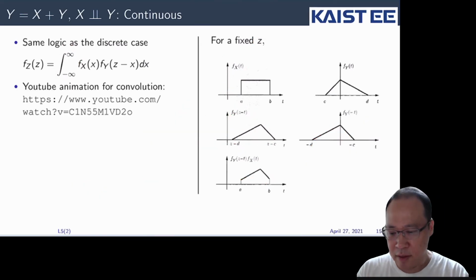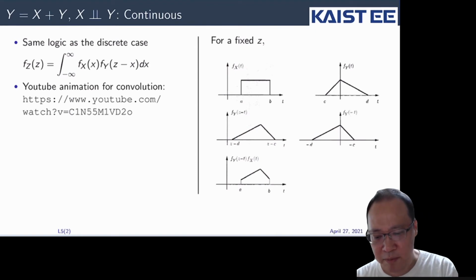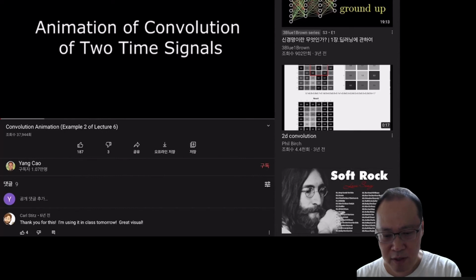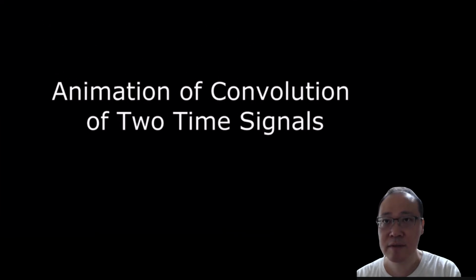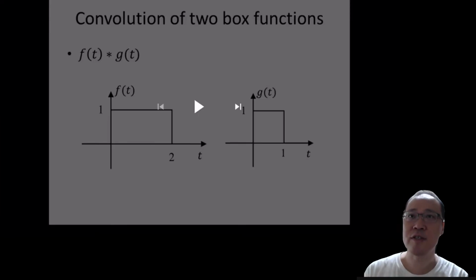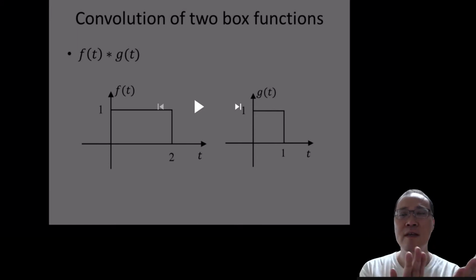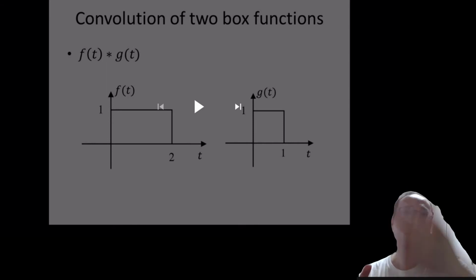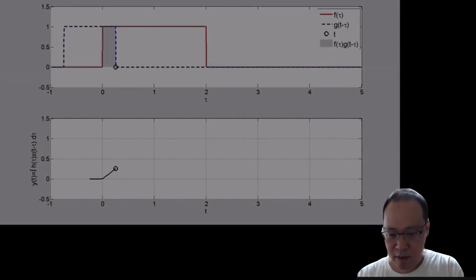Okay. This example shows some kind of a convolution. In the YouTube video, you can see there's some kind of animation. This is f(t) and g(t). So f(t) convolution g(t), where for g(t), first do the flipping horizontally, and then do the right shift by the amount of some number, and then do the multiplication and compute the area. So here, all right.